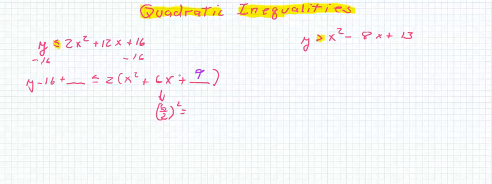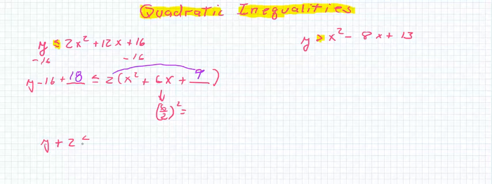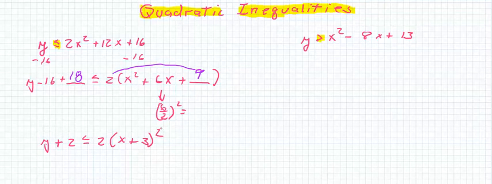So we add 9 to this side, but really 2 times 9 is 18. We add 18 to that side. We wrote 9, but it's 2 times 9. All right, we now end up with y plus 2 less than or equal to 2 times x plus 3 quantity squared. And now we can graph.